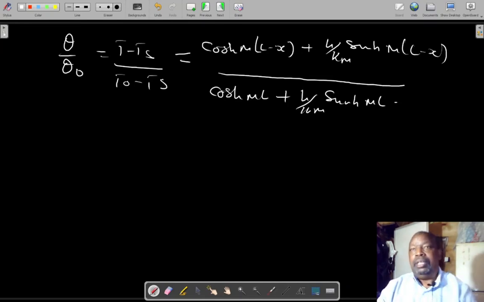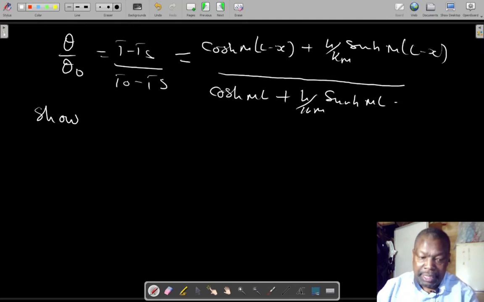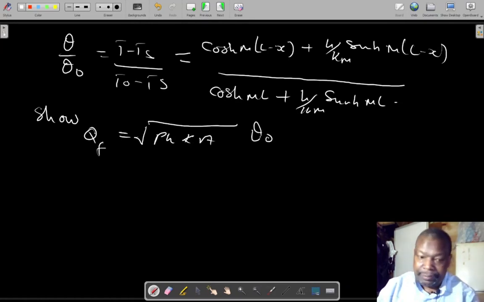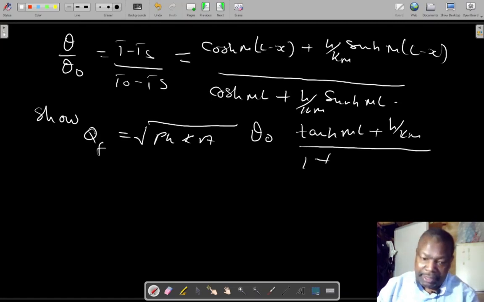And that is what I've given in your assignment, to come up with this equation from where we left it, and also to show that Q for the fin is equal to the square root of PhkA times theta naught times tanh mL plus h over km, divided by 1 plus h over km tanh of mL.